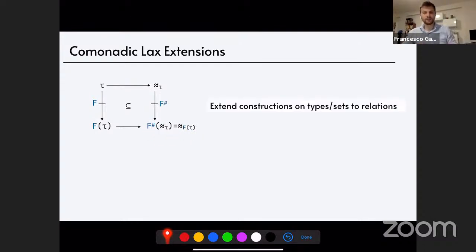So the moral is that when we try to define a notion of program equivalence, we start with some construction on types or sets. And what we want to do is to essentially extend this construction to equivalence relations, right? And that gives us exactly the conditions that allow us to define the notion of equivalence.